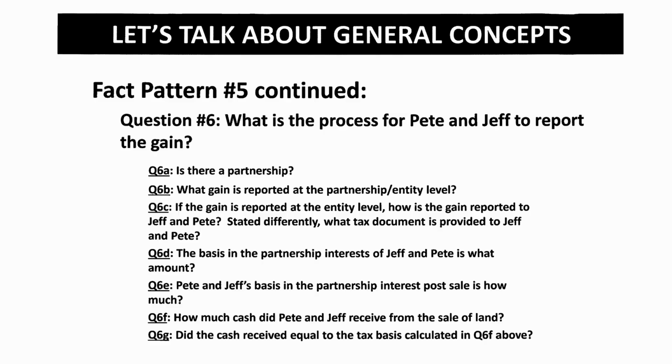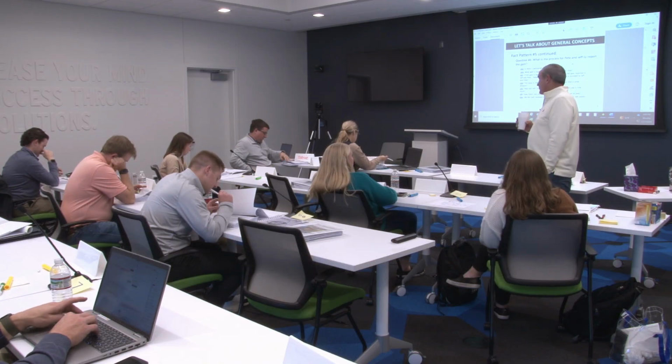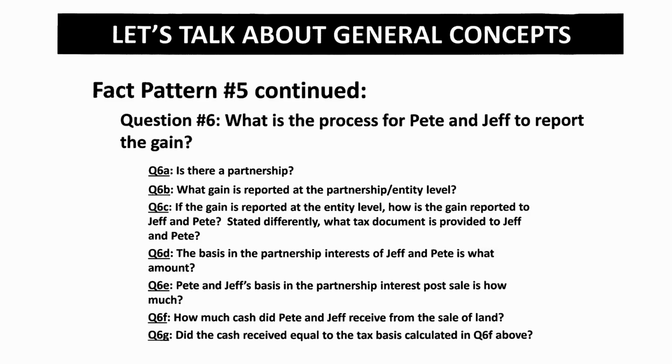The basis in the partnership interest of Jeff and Pete is what amount? Is that before or after the sale? 6D. After the sale, 10,000. Pete and Jeff's basis in the partnership interest post-sale is how much? 10,000.